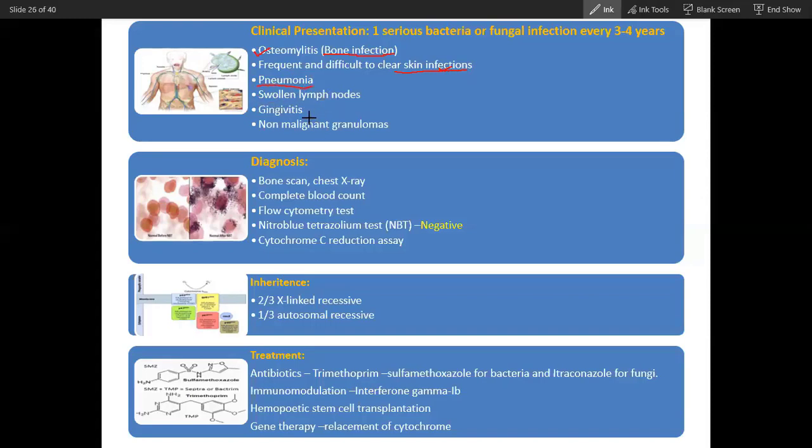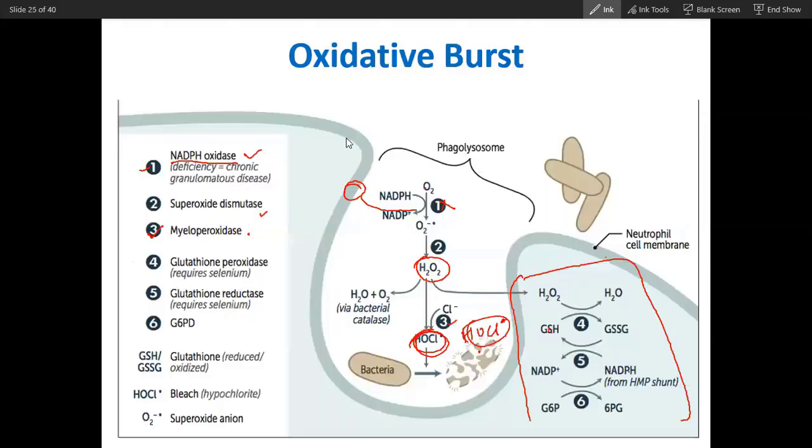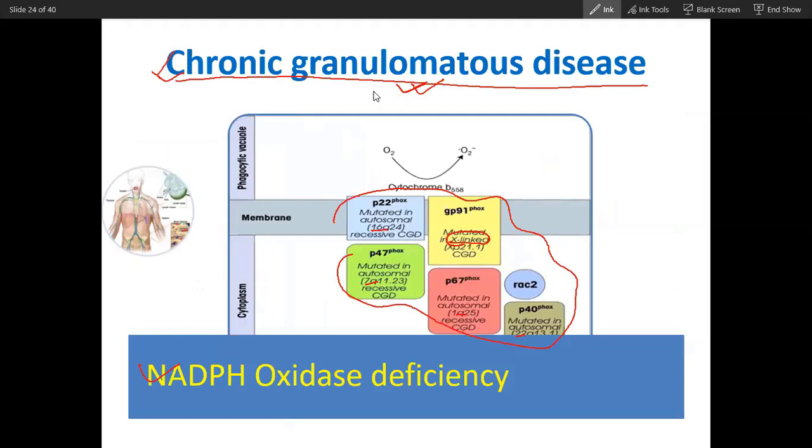Swollen lymph nodes, gingivitis, and non-malignant granulomas. So what is a granuloma? A granuloma is fibroblast growth and formation of a lesion that is surrounded by fibers. That is why the name is chronic granulomatous.